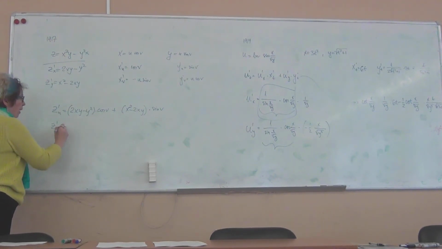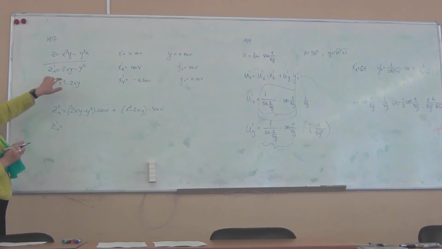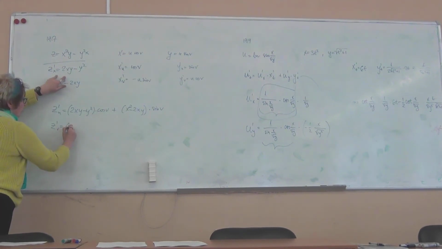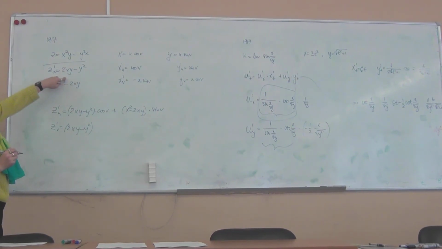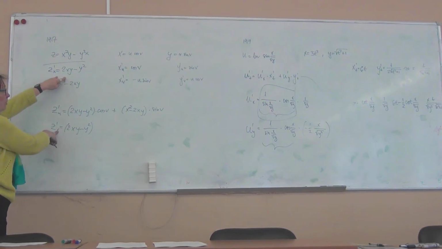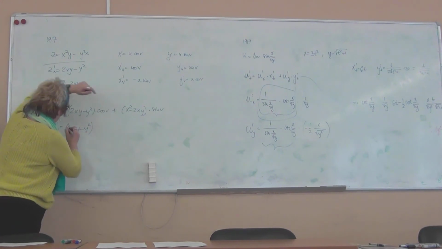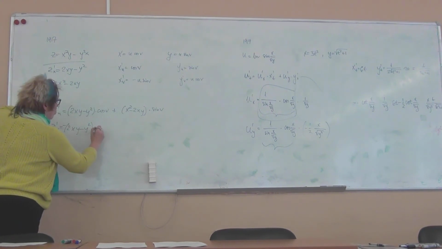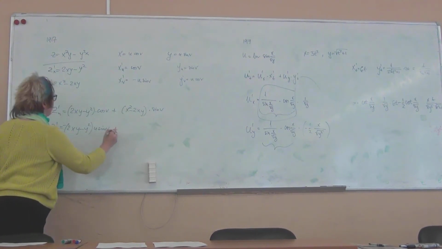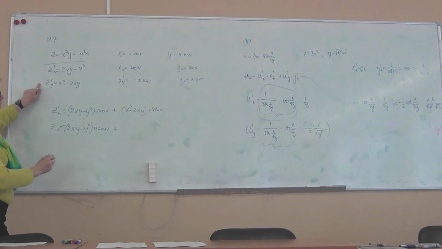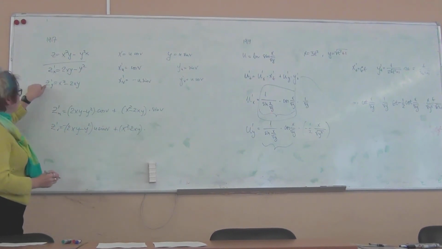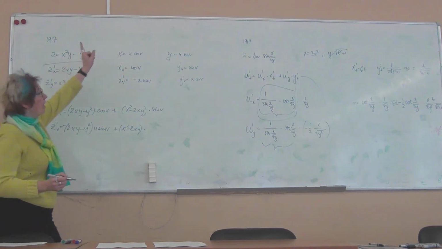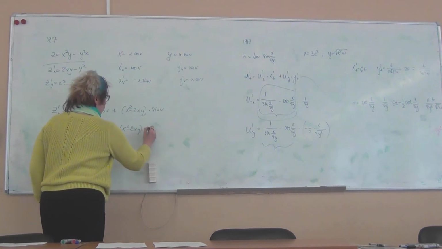Z derivative by v. Again, z by x, 2xy minus y squared, multiplied by x derivative by v this time, so minus u sine v, plus z derivative by y, again the same, times y derivative by v, which is u cosine v.